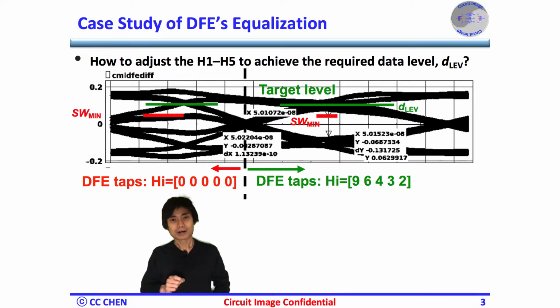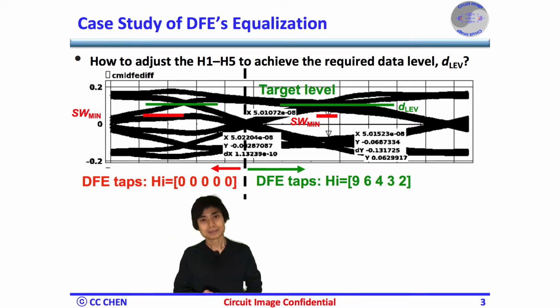Therefore, the error might occur during 1 million or 1 billion bits. To reduce the bit error rate, we may want the target level or swing to be larger than the minimum required swing with a certain margin.